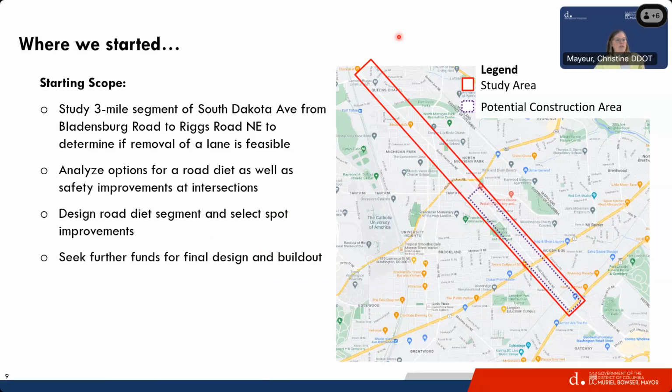We could potentially use the funding that we had left over to design a portion of the road diet, and then seek further funds from grant sources or others in future fiscal years.